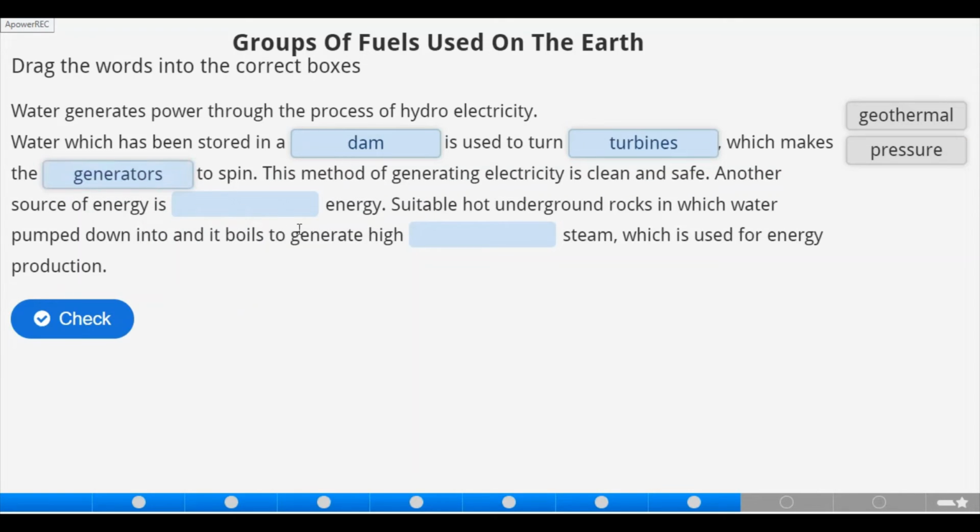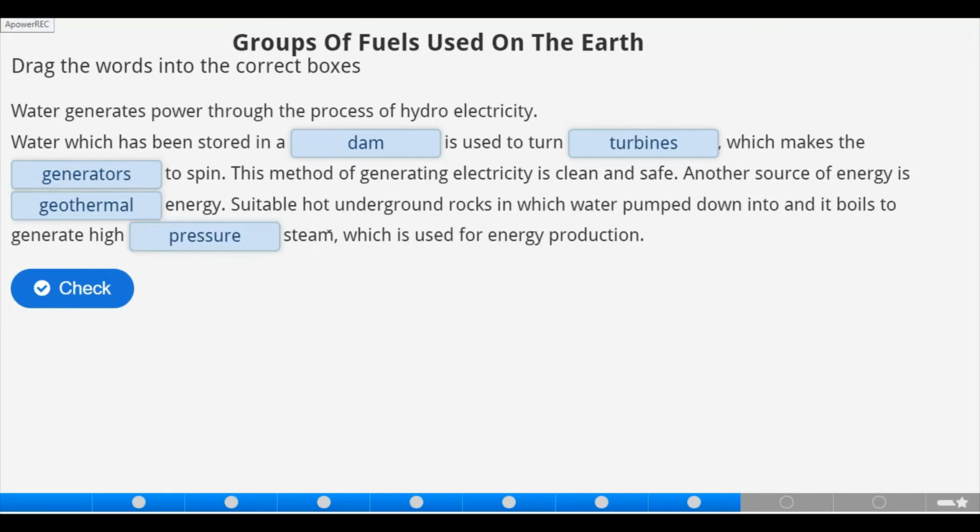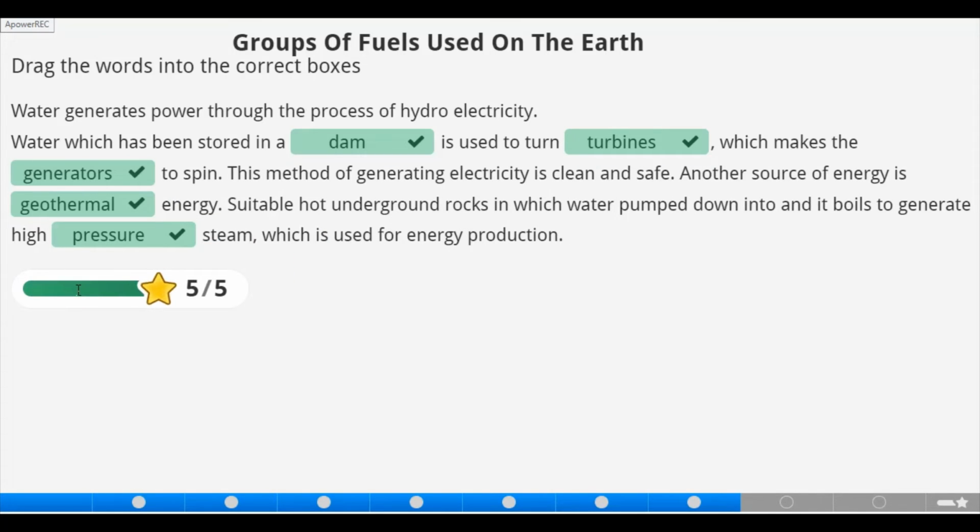The method of generating electricity is clean and safe. Another source of energy is geothermal energy, from underground rocks in which water is pumped down into it and boils to generate high pressure steam, which is used for energy production. Let's check. That's correct.